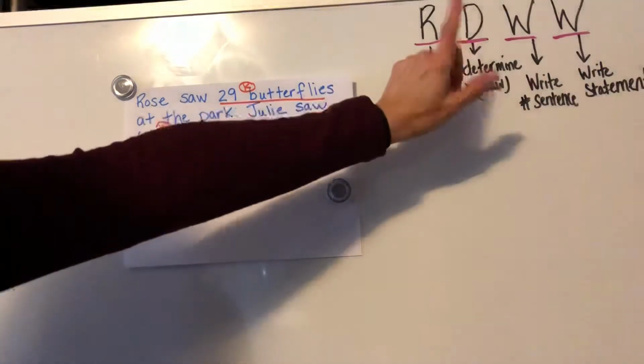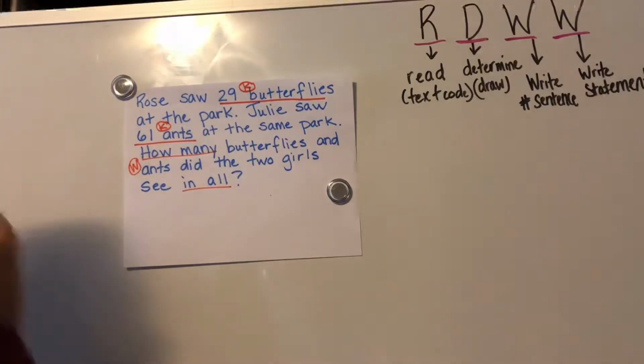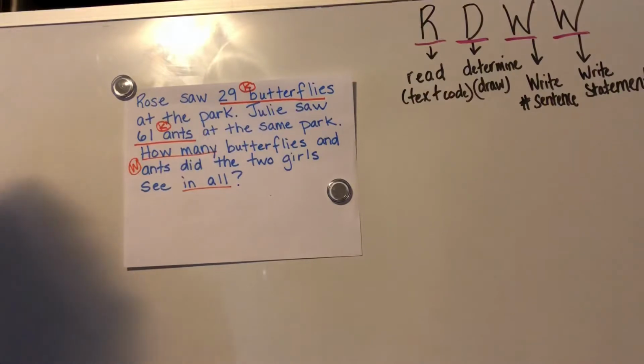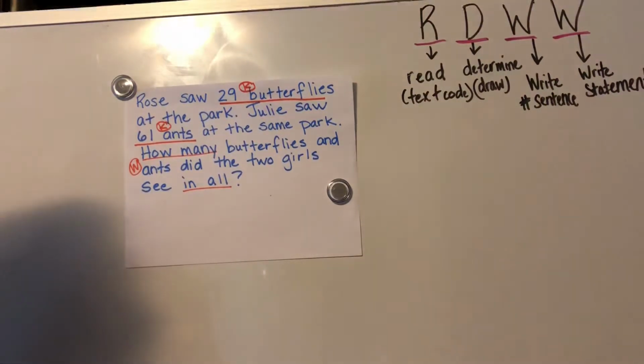The determine is I've got to determine, are they asking me to add or to subtract? When I look at this, I need to think to myself, are they asking me to add or subtract in this problem? Well, I believe that they're asking me to add. Why?